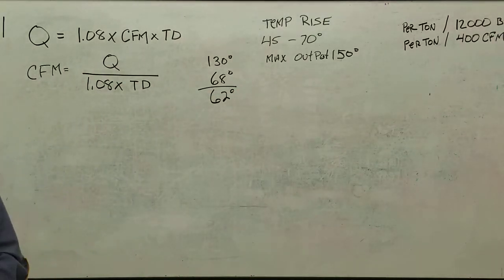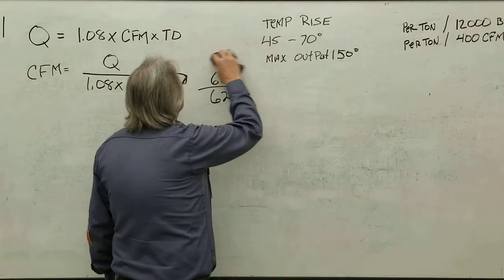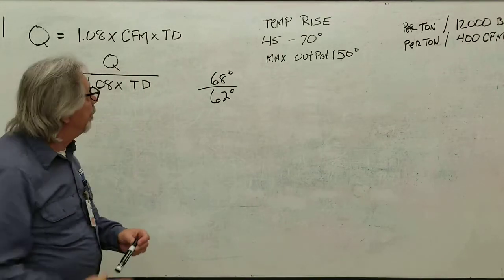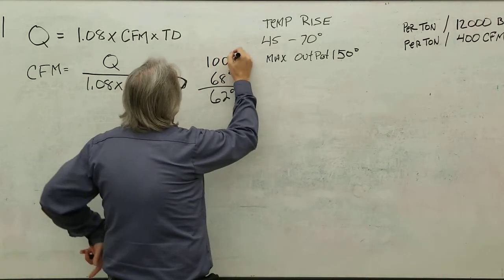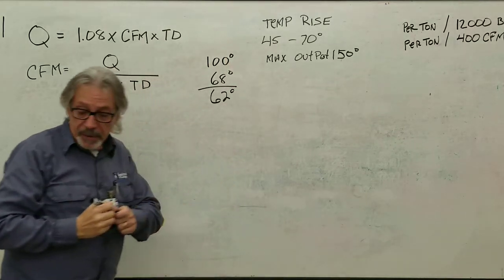So, for instance, if you had a low temperature rise, suppose you got 100 degrees on supply air temperature.